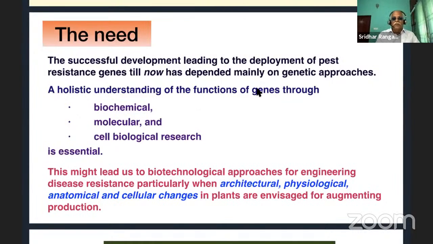So the successful development leading to the deployment of pest-resistant genes till now has been dependent mainly on genetic approaches using the genes. Here, I would like to introduce one certain thing. Apart from the dominant genes, there are a set of recessive genes.